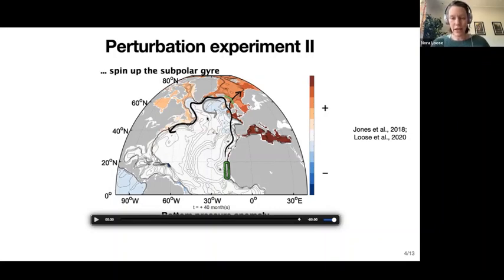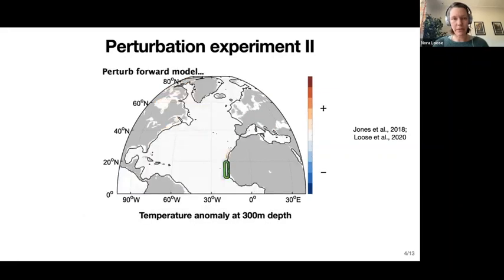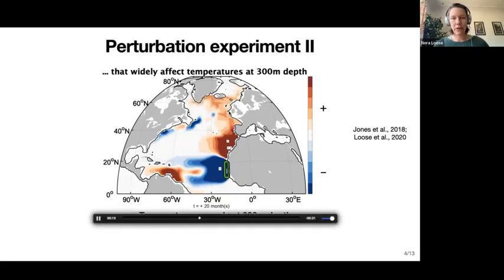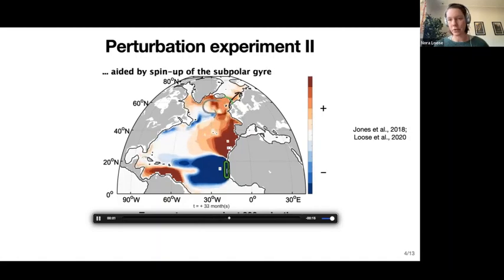We can now look at the response in subsurface temperature. At low latitudes, we see the effect of baroclinic Rossby waves that propagate temperature anomalies from the eastern boundary westward. But further north, we see a warming of the entire subpolar gyre, including a larger heat transport across the Iceland-Scotland Ridge.